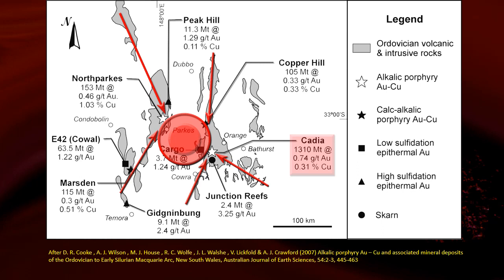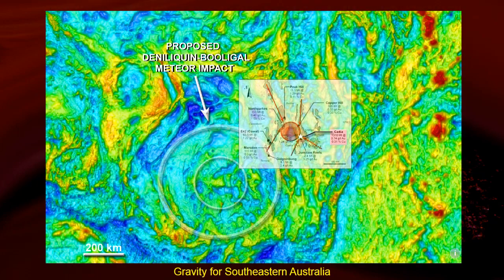And finally note that, like most of the porphyry gold copper deposits in the Lachlan Fold Belt of southeastern Australia, the major deposits occur on the edge of a circle, and the center of the circle is devoid of any gold copper mineralization. The location of the Cadia North Parkes gold copper mineralization in respect to the Deniliquin meteor impact.